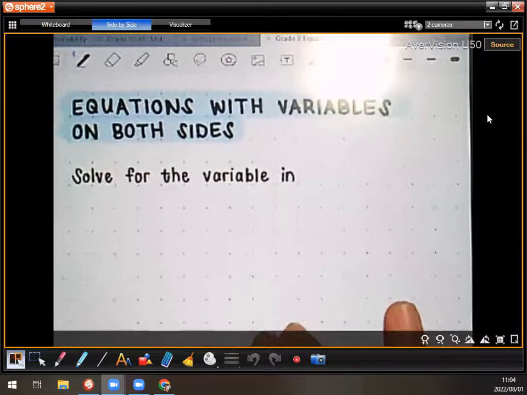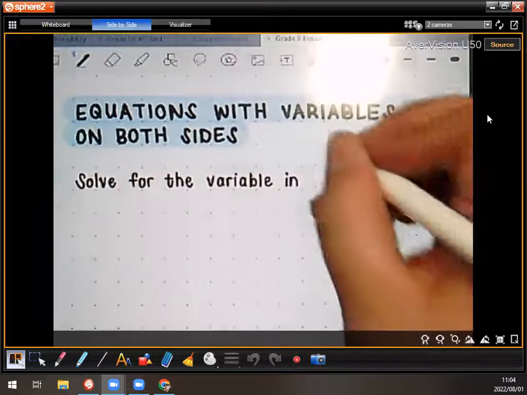Okay, solve for the variable in each of the following equations.